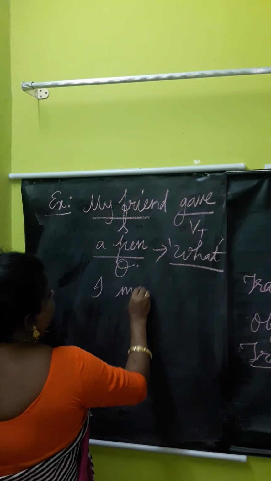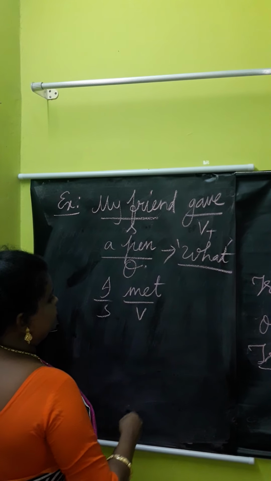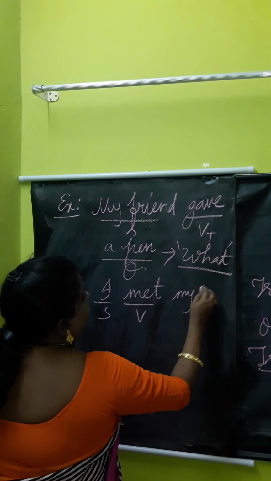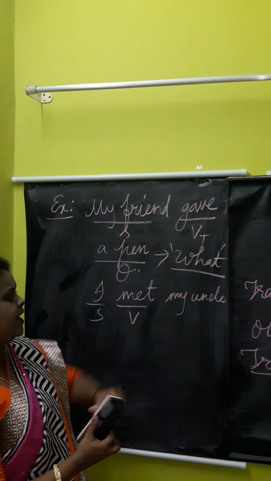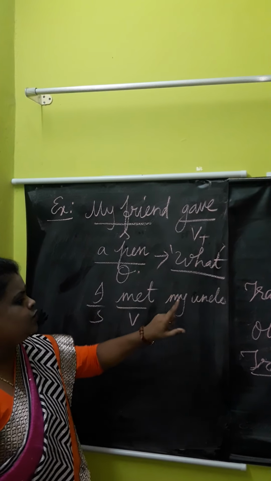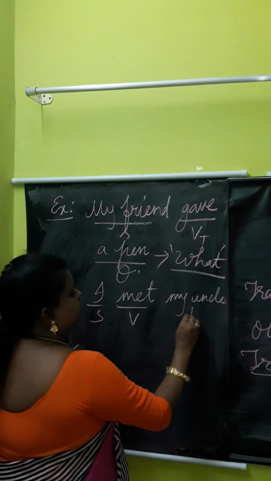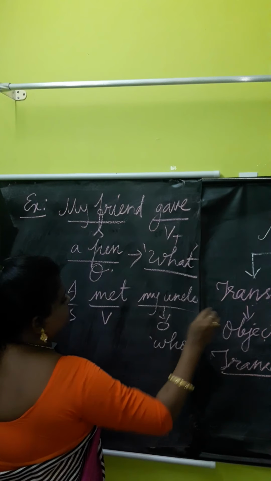I met my uncle. So I is the subject, met is the verb. If I hide this word, I met whom? My uncle. So this word answers the question whom. So this is called the object.